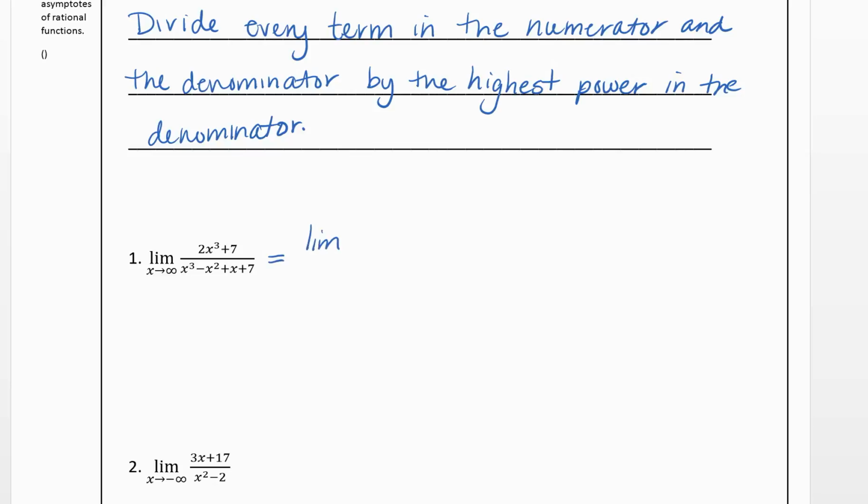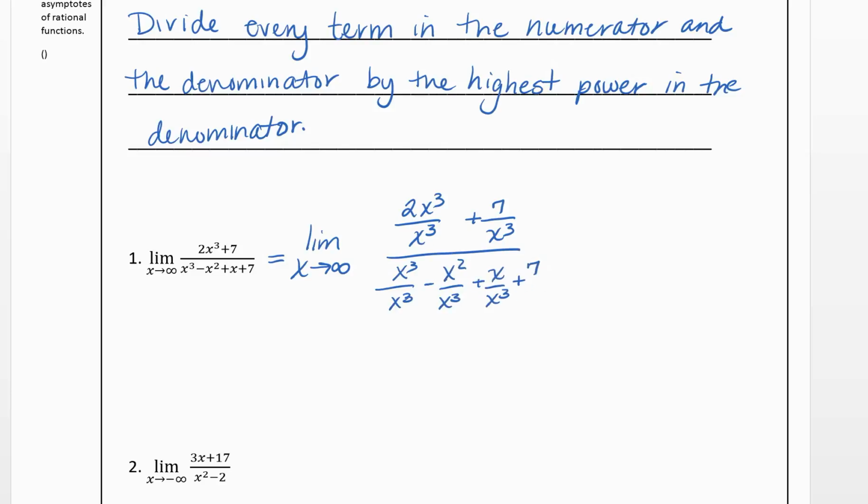So we're going to say the limit as x goes to infinity of 2x cubed over x cubed plus 7 over x cubed over x cubed over x cubed minus x squared over x cubed plus x over x cubed plus 7 over x cubed.